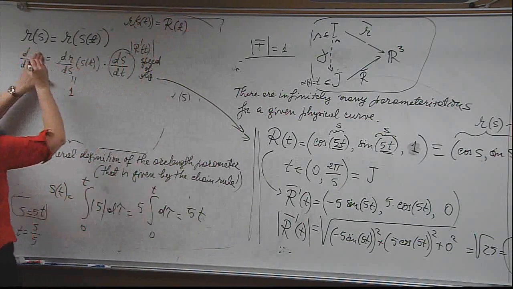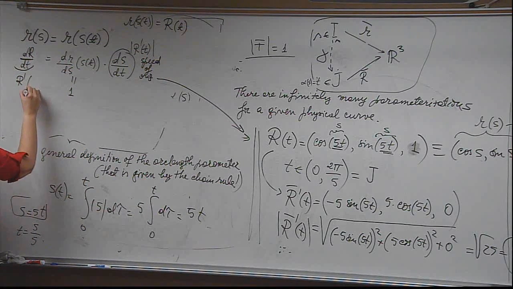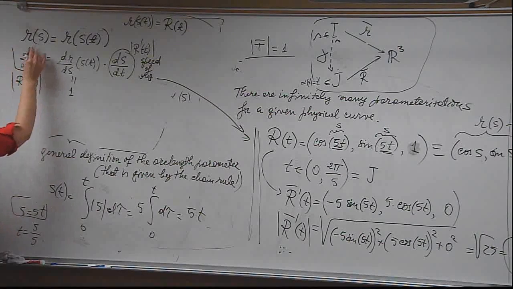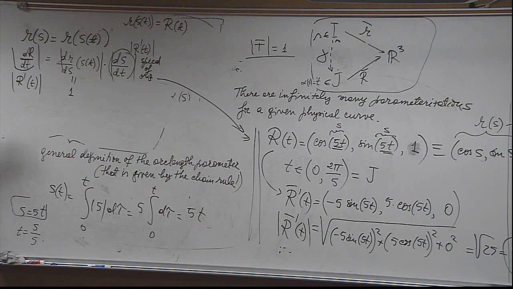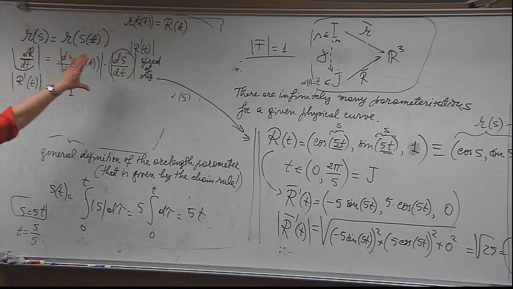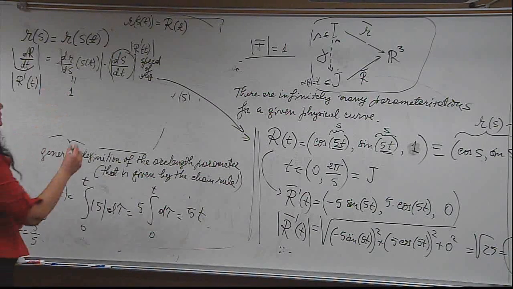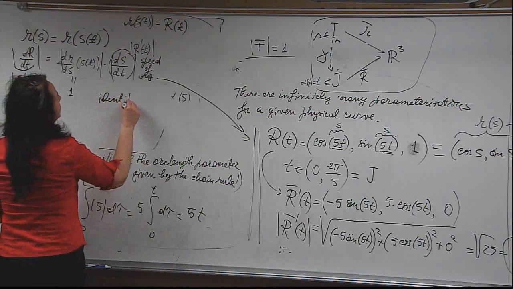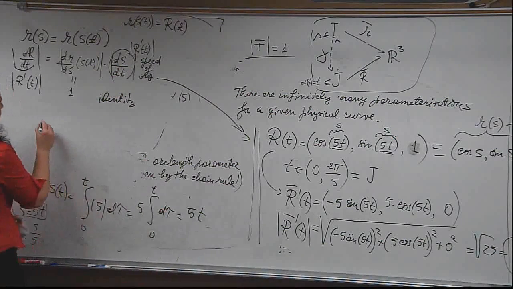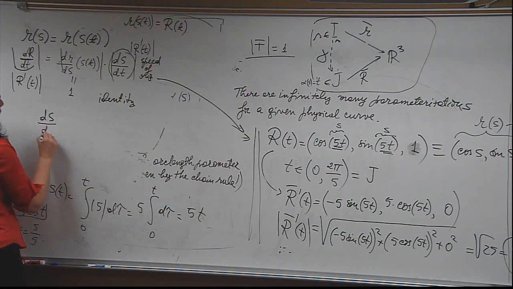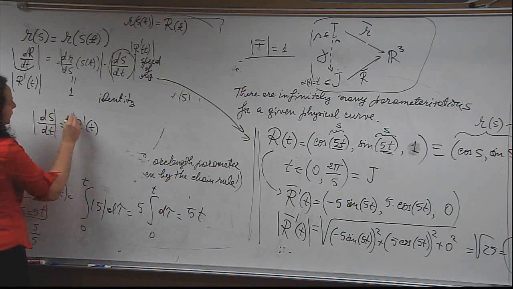So this is dr/dt, which is exactly the same as r prime of t when you put the absolute values everywhere. It has to fit. So indeed you have r prime of t, and 1. It's an identity. If I didn't put ds/dt to be r prime of t in absolute value, it wouldn't work out. ds/dt has to be r prime of t in absolute value.